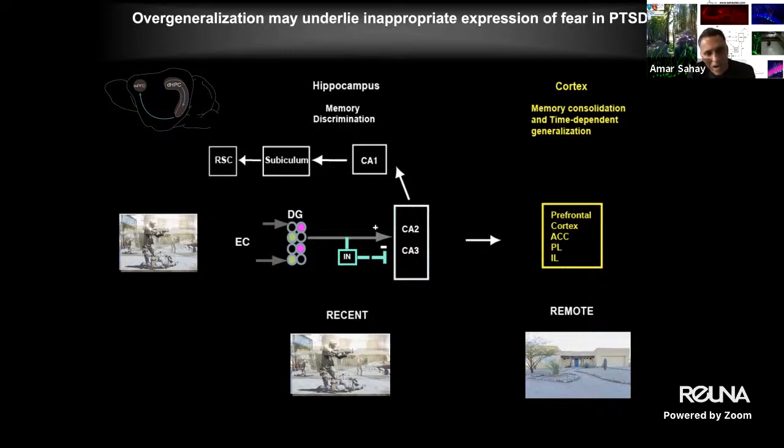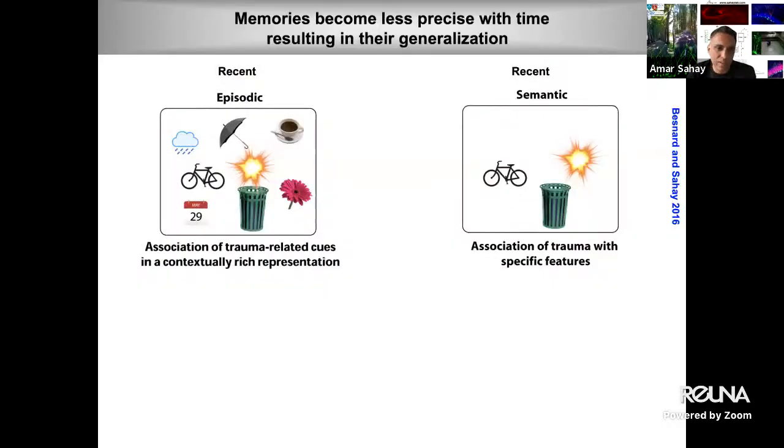And this concept of how the loss of details, as conjunctive representations are transformed into more abstract structures, may result in generalization is illustrated in this cartoon. So imagine you're sitting in a cafe, it's raining, there are some beautiful flowers outside, a green trash can, some bicycles, and there's a bomb blast. Now this conjunctive, detail-rich episodic memory over time during consolidation is transformed into a more semantic, abstract, gist-like structure.